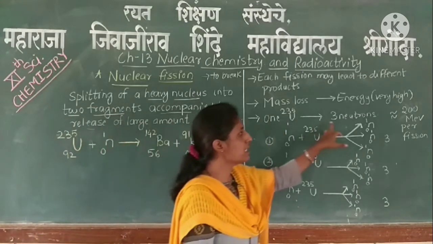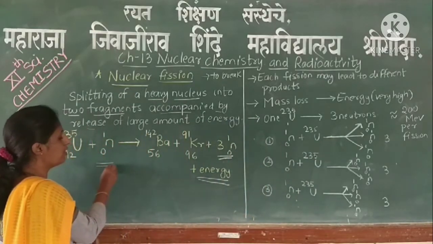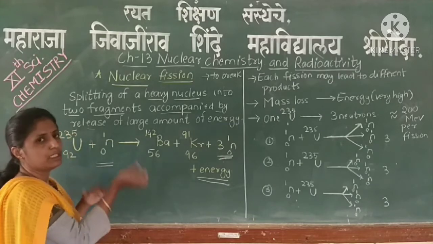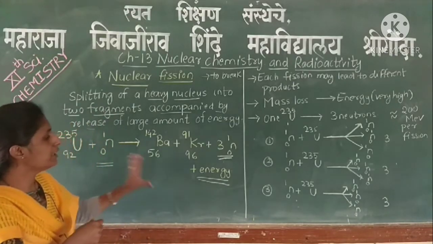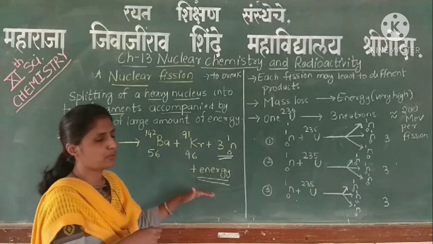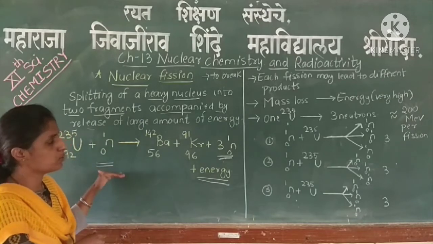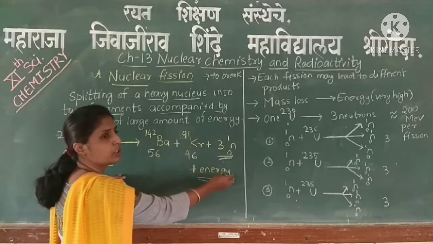Now let's see what these 3 neutrons do. Here we are using a neutron for bombardment. We are starting with one neutron, taking it from outside, but when fission proceeds and you bombard this uranium nucleus with one neutron, in the products you are getting 3 neutrons.